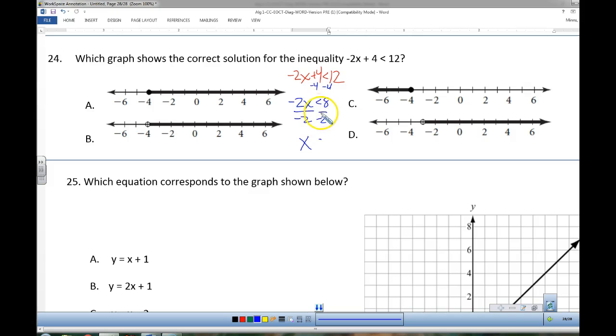Whenever you multiply or divide by a negative, the symbol flips over. So I have x is greater than negative 4. So which ones have greater than negative 4? That one and that one. But which is it? Is it an open circle or a closed circle? Open or closed? Well, there's no greater than or equal to. That's an open circle. So the answer there is B.